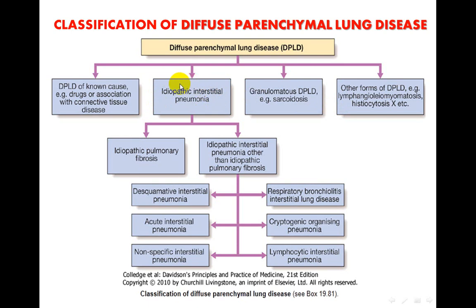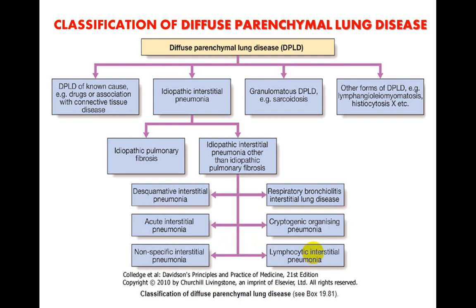The idiopathic interstitial pneumonias are subclassified into idiopathic pulmonary fibrosis, which we'll discuss today in detail and which comprises about 85% of new cases, and idiopathic interstitial pneumonia other than idiopathic pulmonary fibrosis. This includes a variety of conditions, for example acute interstitial pneumonia, lymphocytic interstitial pneumonia, and so on.